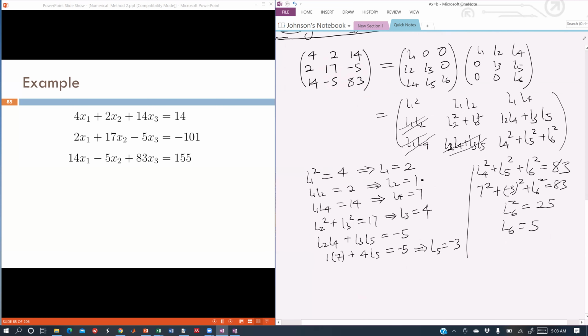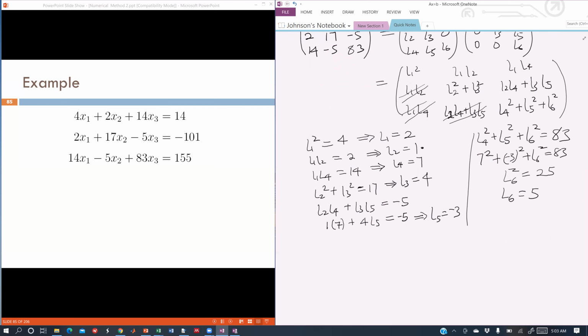So now we know our L, and then we can write our L and write our U, which is L transpose. So we have L equal to: L1 is 2, 0, 0. L2 is 1, L3 is 4, 0. L4 is 7, L5 is minus 3, and L6 is 5. So this is what we have.